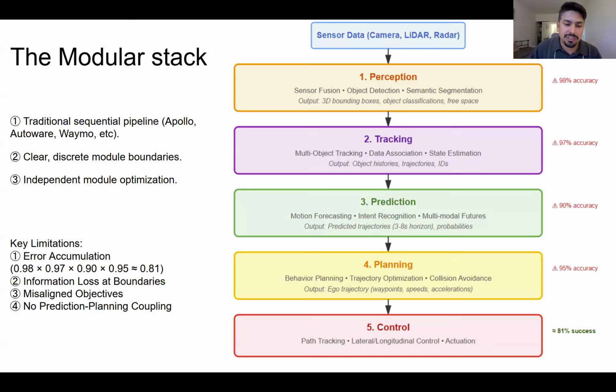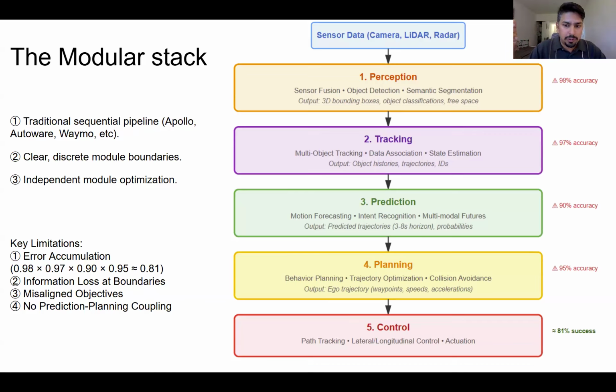You track that using some sort of state estimation, like a Kalman filter or extended Kalman filter, because that will help you smooth out the data, since sensors can be noisy. I would say that this over time has morphed into a single module. Perception and tracking has become a single module.